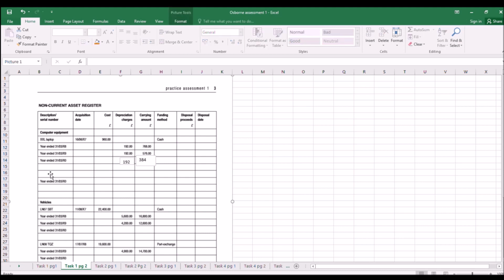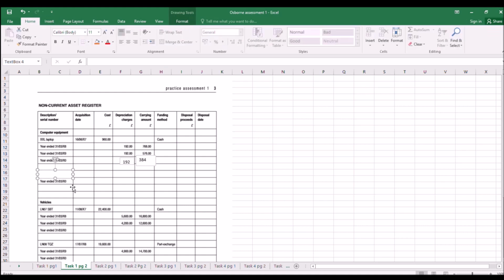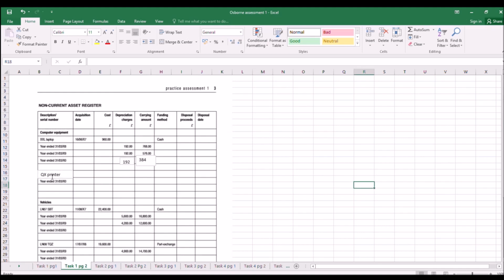Now then, I assume this is where we're going to see this new one. We haven't got a little drop down box in here, but because we've got a little gap above it, we're going to put in this purchase that we made. So that is the QX printer. Let's just check what we're supposed to call it. It will be the QX laser printer. And it would be nice if they were done properly, because in a fixed asset register you would also have a location somewhere, so you can go and find it and check it.